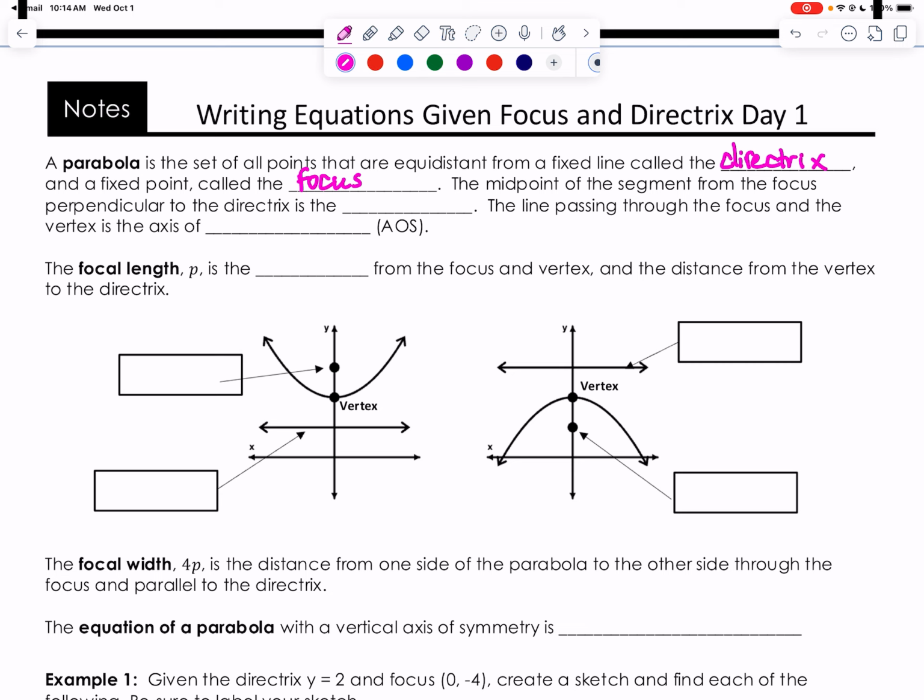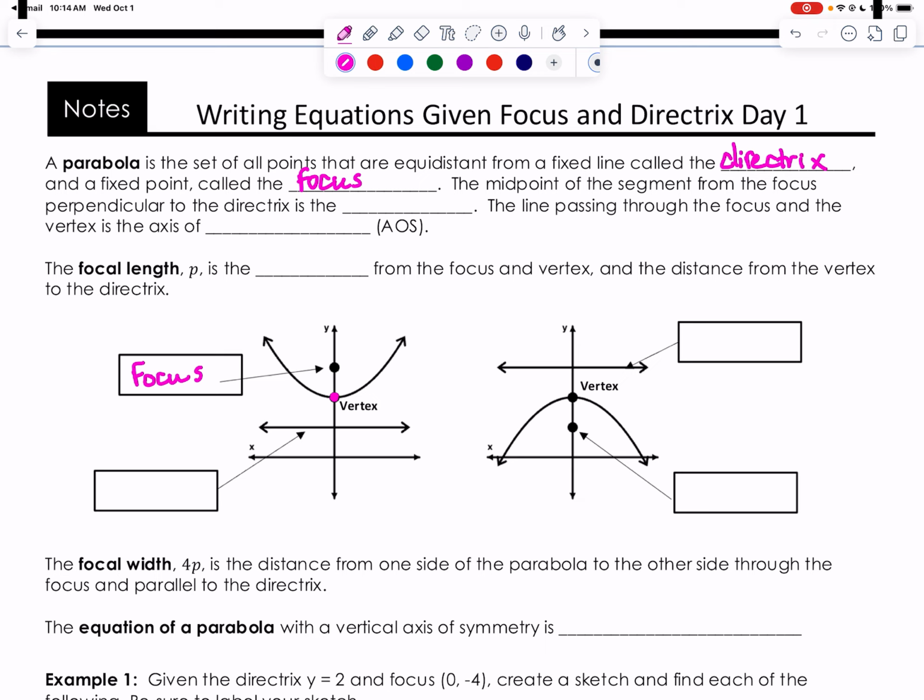Now, before we move on, I'm going to come down to our image here of our parabolas, and I want to label these two things on our images so you can get an idea of where they're located. In our first parabola that opens up, we have a vertex right here, and this point above it is called the focus point.